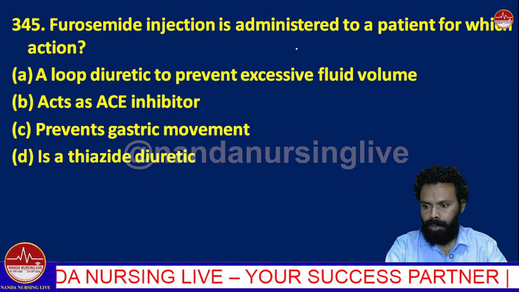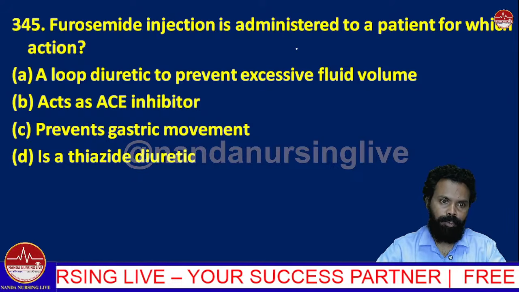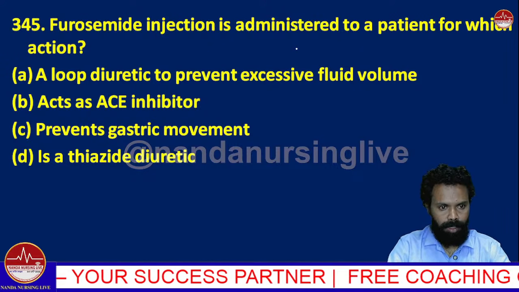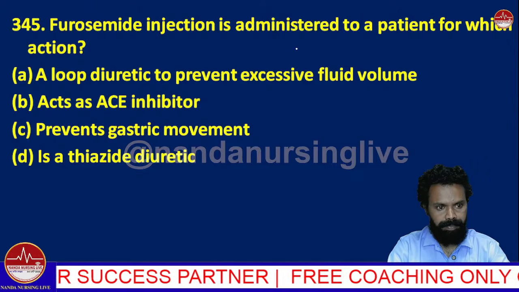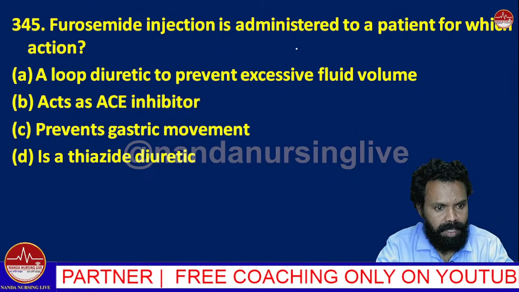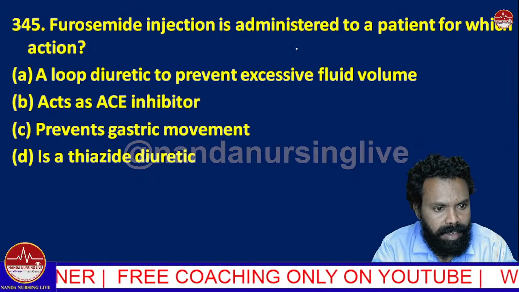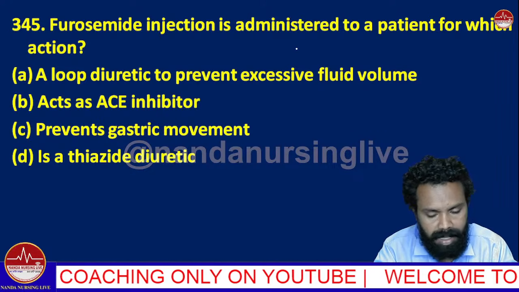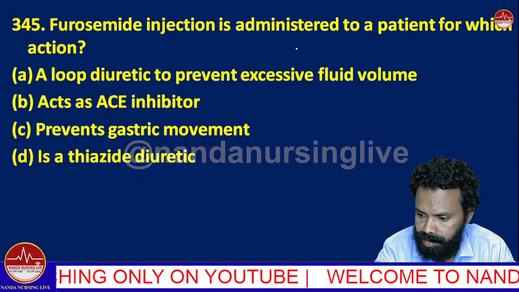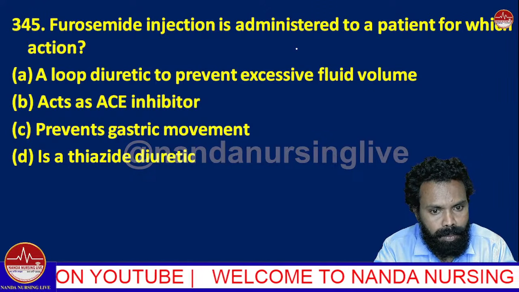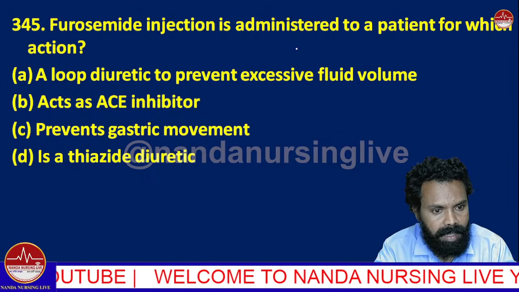Next question, question number 345. Furosemide injection is administered to a patient for which action? Option A loop diuretic to prevent excessive fluid volume. Option B acts as ACE inhibitors.